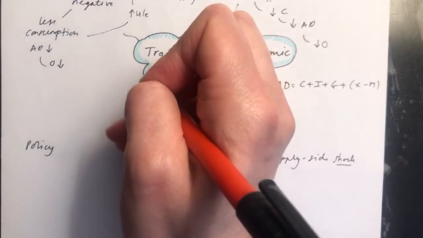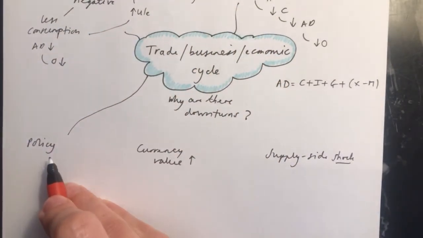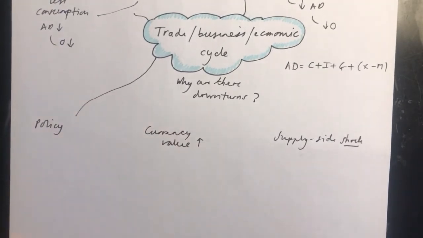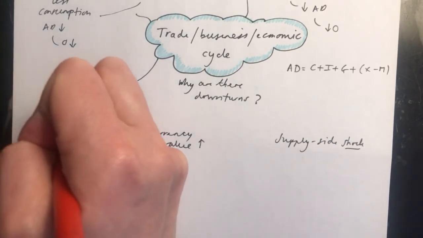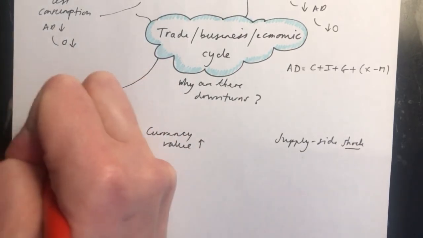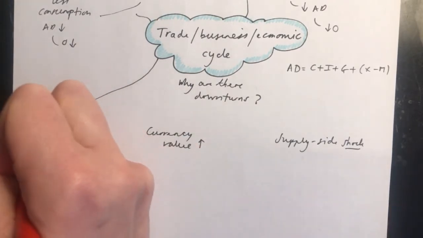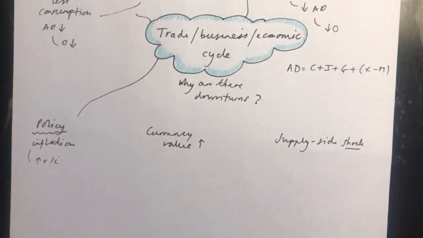The first one we're going to look at is policy. This is policy that's used in the economy to make a change in what's happening in the economy, and it might backfire and actually result in a downturn. For example, it might be that you had inflation in the economy, and to deal with the inflation, they may have put the rate of interest up, monetary policy.